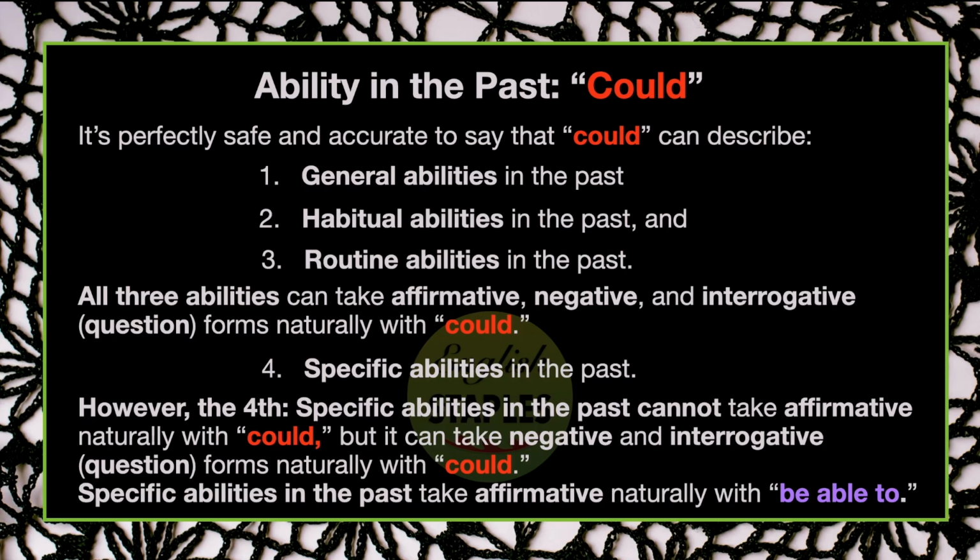However, the fourth, specific abilities in the past, cannot take affirmative naturally with could, but it can take negative and interrogative forms naturally with could. Specific abilities in the past take affirmative naturally with be able to, this fourth ability, and this we will explore later.